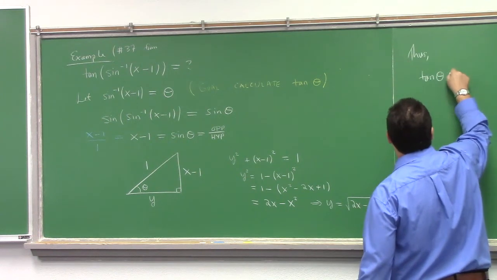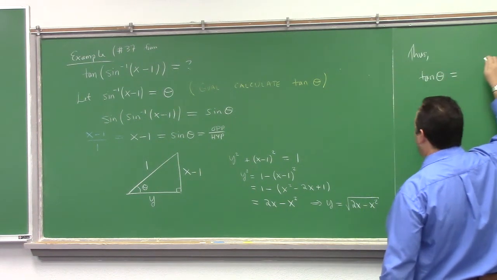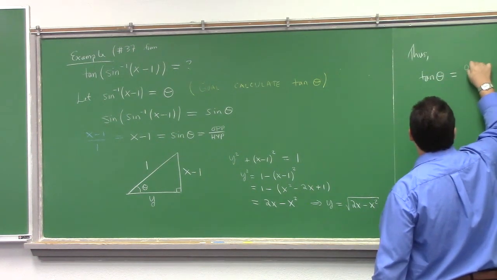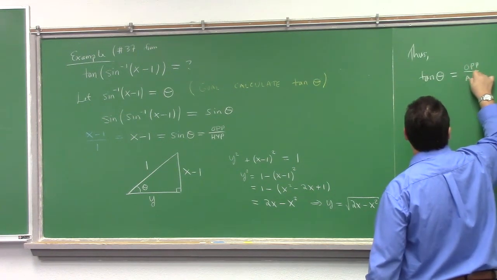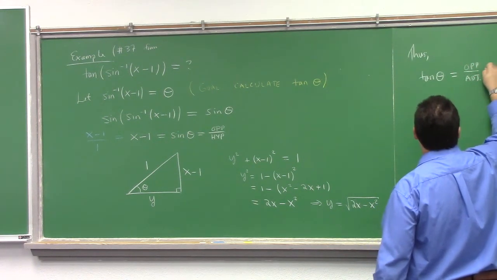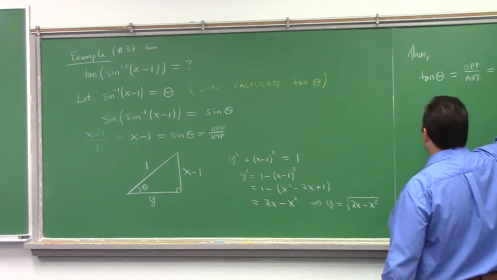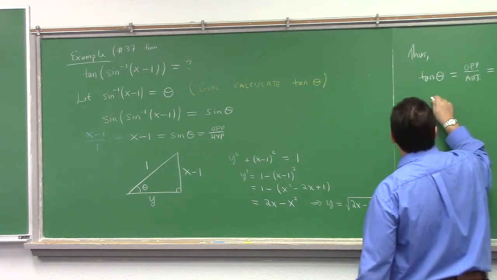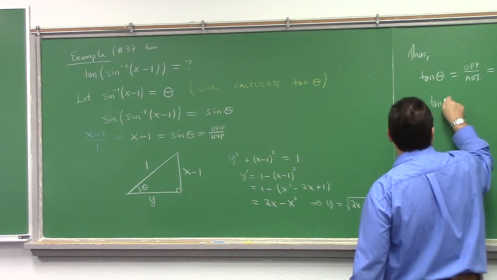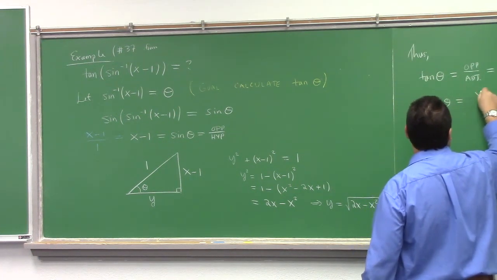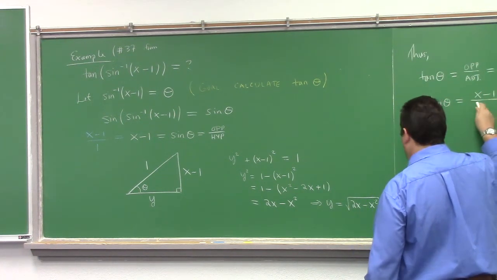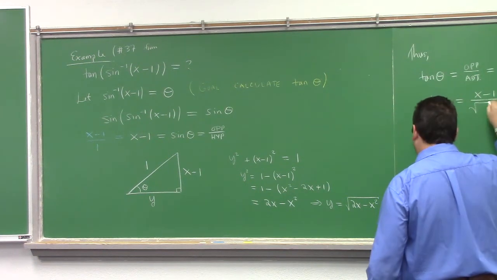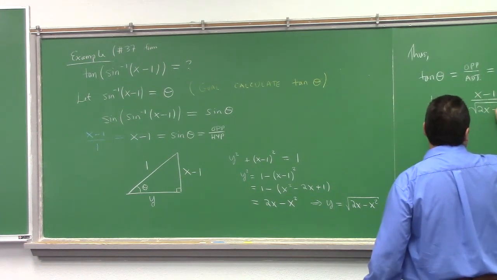Tangent theta is, again, opposite over adjacent, right? Which in this case is x minus 1 over y. So therefore, tangent theta is equal to x minus 1 over the square root of 2x minus x squared.